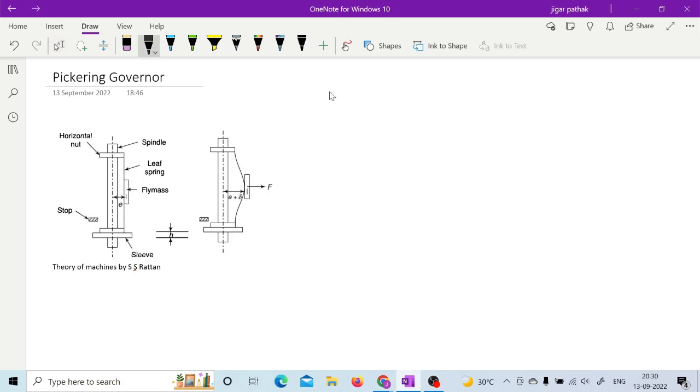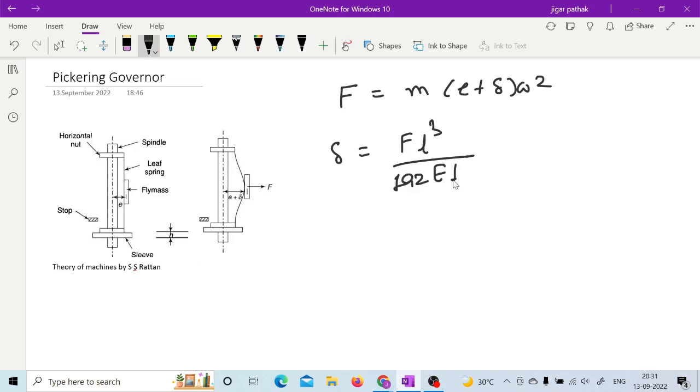So this centrifugal force which it is going to experience is nothing but m into e plus delta into omega square. Now if you remember from your strength of materials, consider delta of a simply supported beam deflection, in which the load is applied at the center, then it is given by delta equal to FL cube upon 192 EI, right?